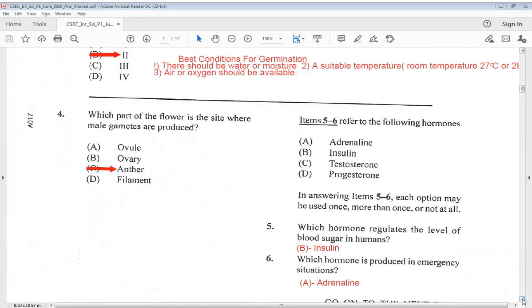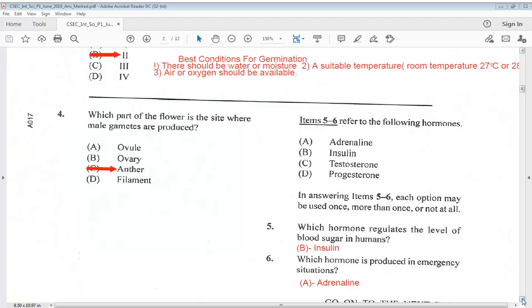4. Which part of the flower is the site where male gametes are produced? The answer is C, anther. Items 5 to 6 refer to the following hormones. A. Adrenaline. B. Insulin. C. Testosterone.